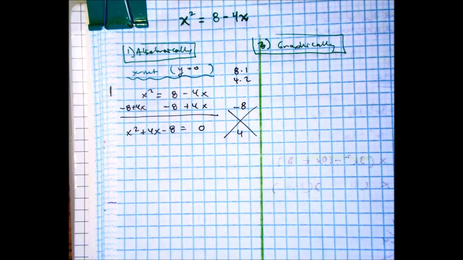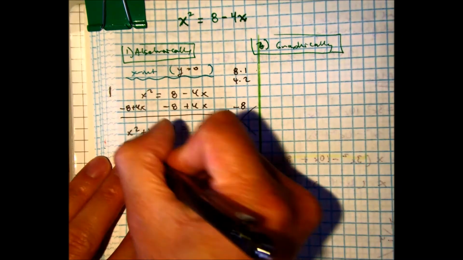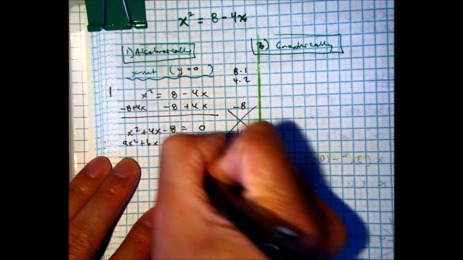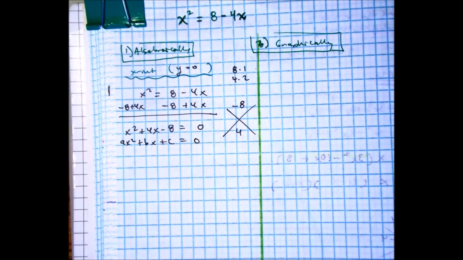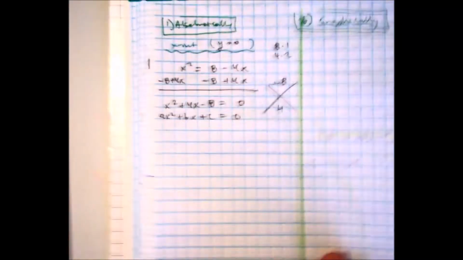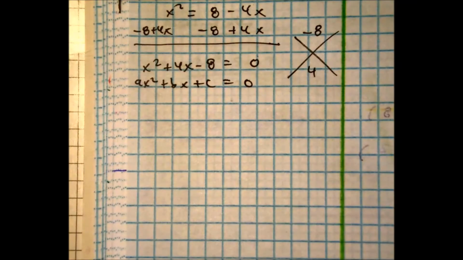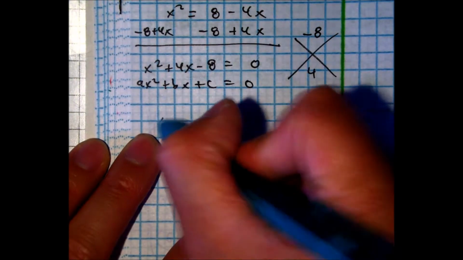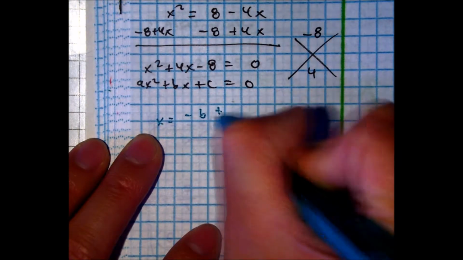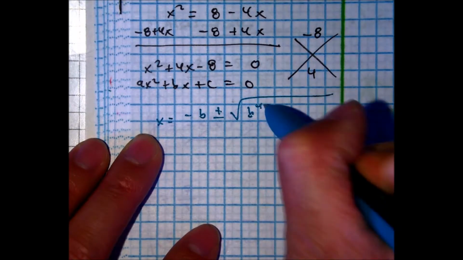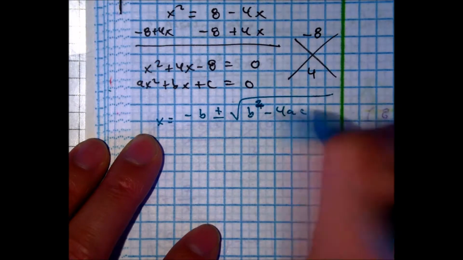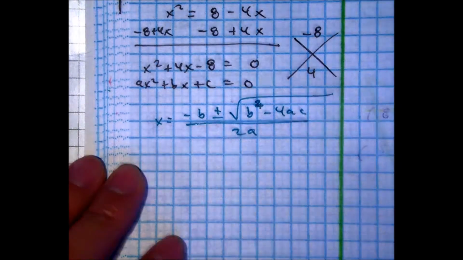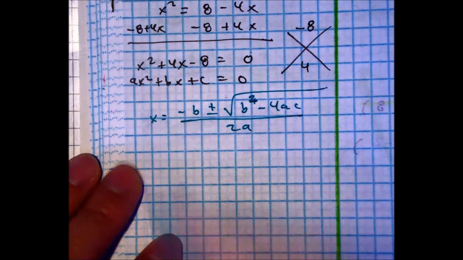Partner B, tell partner A the quadratic formula. Tell us the quadratic formula. X equals negative b plus or minus the square root of b squared minus 4ac, over 2a.